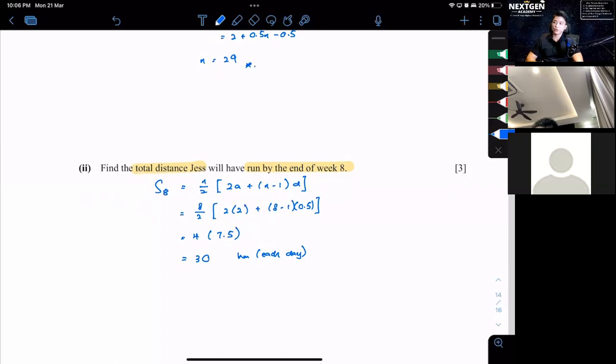They are counting each day only, but total distance is that she runs 5 days every week. So your total distance, you have to multiply it by 5. So 30 times 5, which is 150 kilometers.